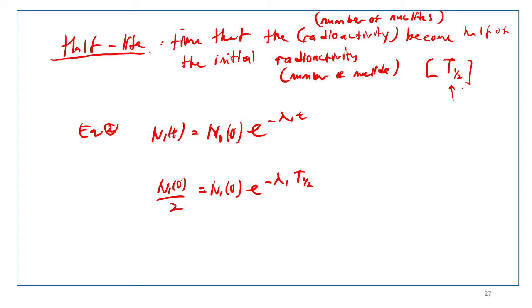And so what exactly is t1/2? If you work with the equation, you will find that t1/2 is ln 2 over lambda 1.